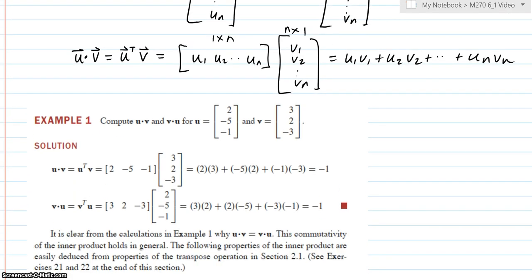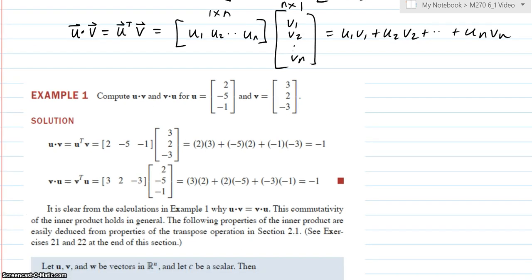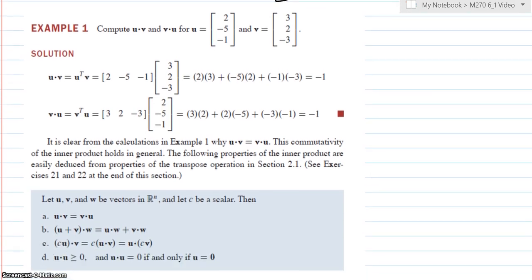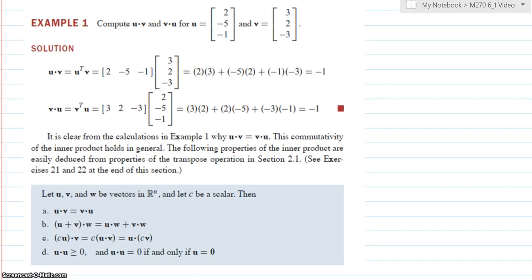It is clear why the dot product is commutative from this example. You can actually prove it, and we also proved it in the past in section 2.1, using the transpose. But here are all the different properties. If you let u, v, and w be in Rn, we know from above that the dot product is commutative.